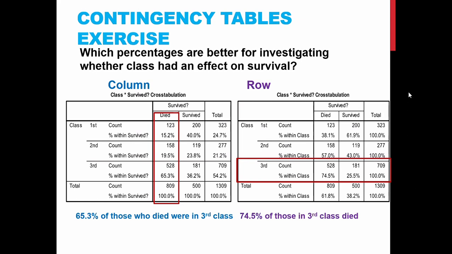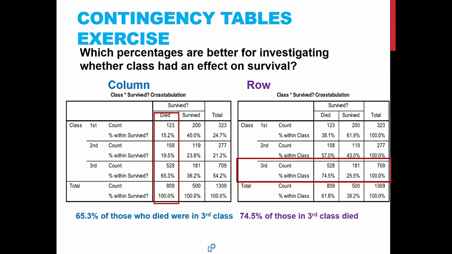If you look at the percentages, 65.3% of those who died were in third class, if it's on the column side. However, if you look at it on the row side, 75.4% of those in the third class died.